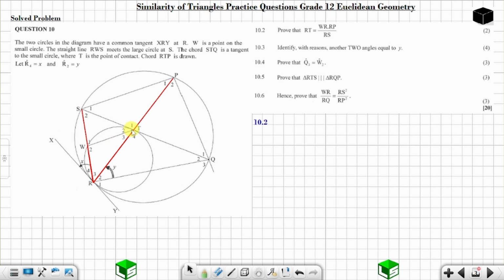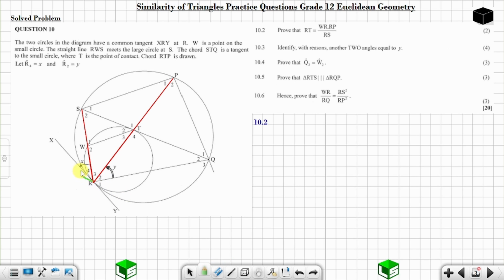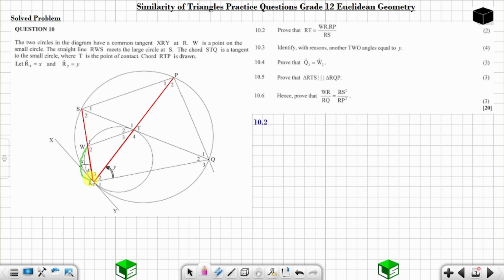So, WT is parallel to SP. This was proven in question 10.1. So, let's write the proportionality theorem. You have this small portion over the entire side.